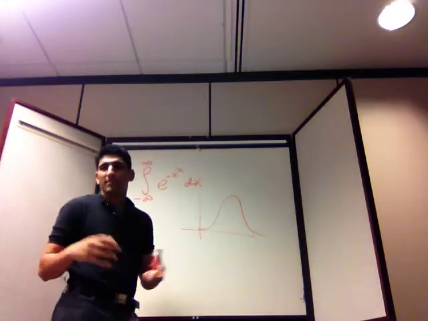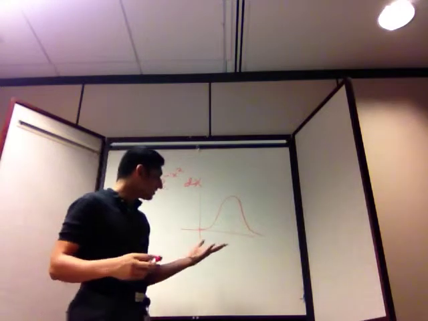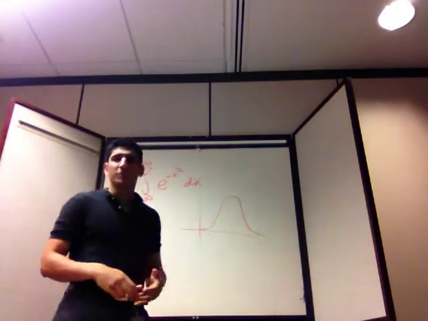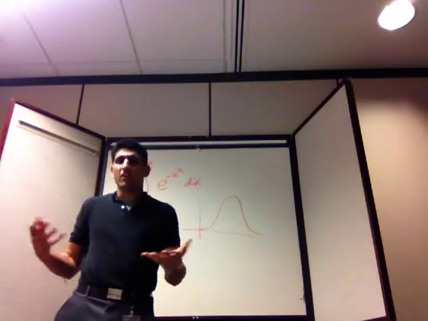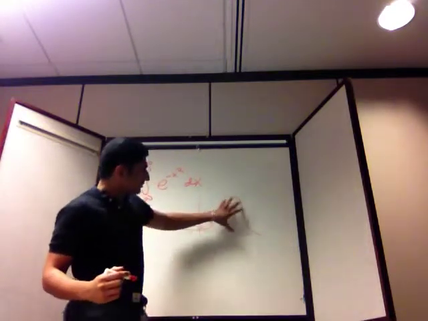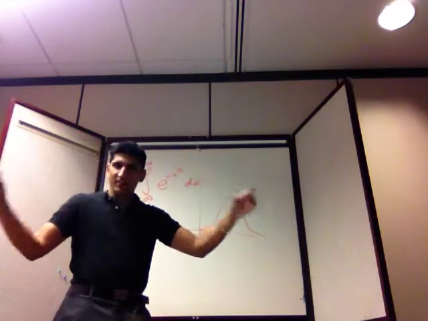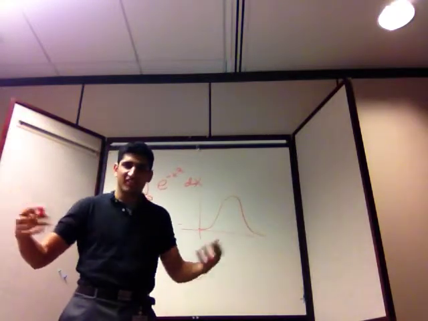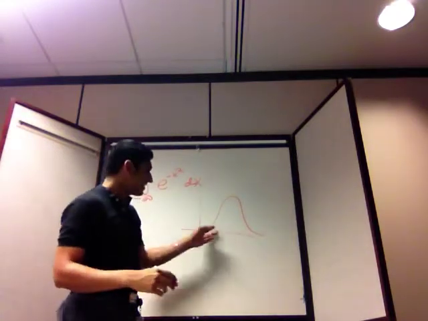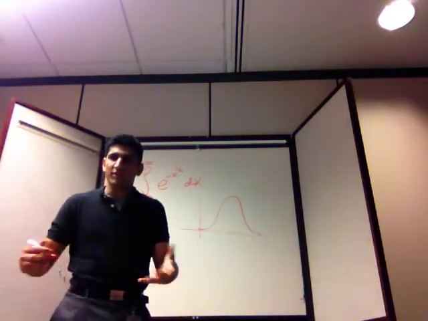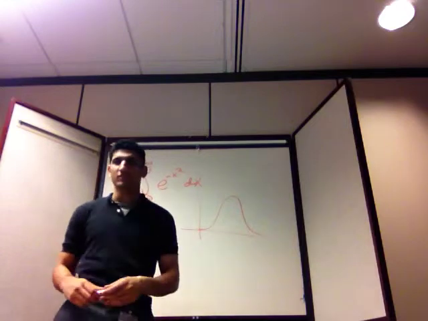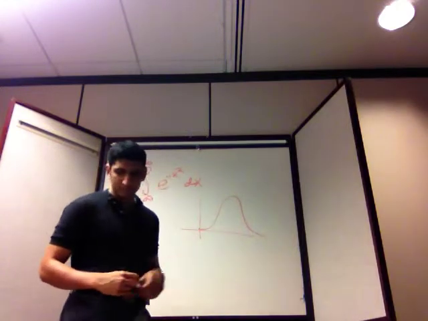For example, many properties show this distribution, like human height. The majority are going to be in the center, and as you go for extremes, like 7 foot and above, and maybe 4 foot and below, you're going to have very few people who meet those criteria.